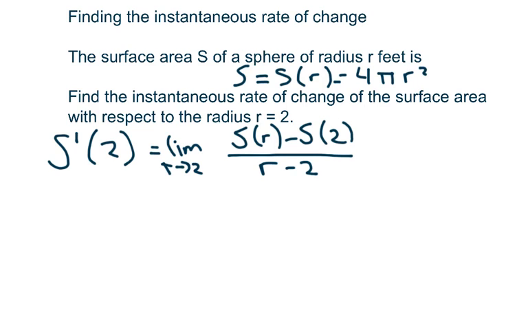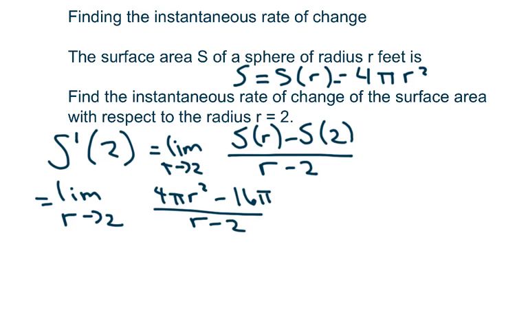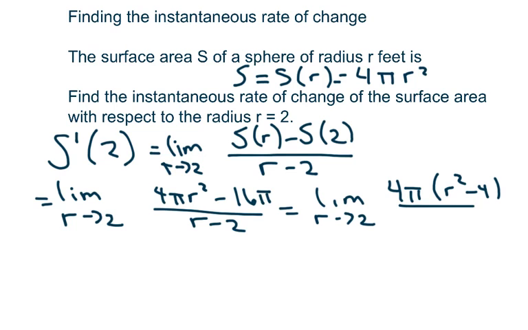So you just plug everything in. This equals the limit as r approaches 2. S of r is 4 pi r squared, minus 4 times 4, which is 16 pi, over r minus 2. Factor out 4 pi, and we're going to get r squared minus 4 over r minus 2.